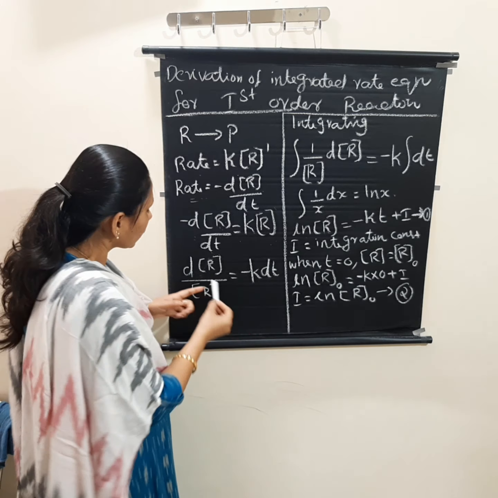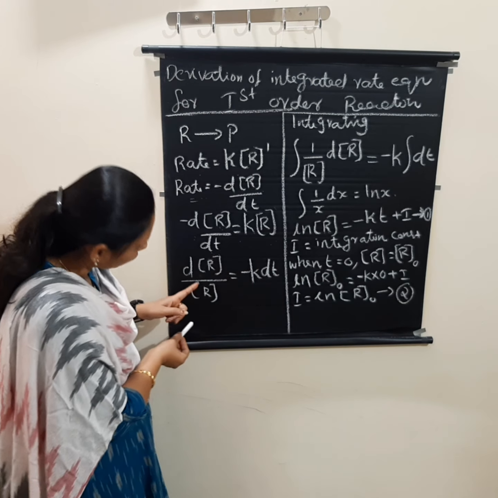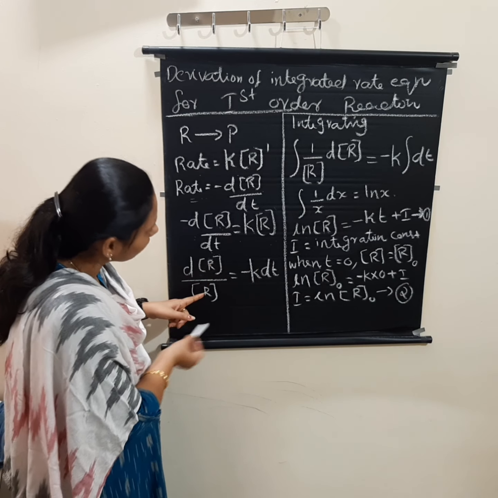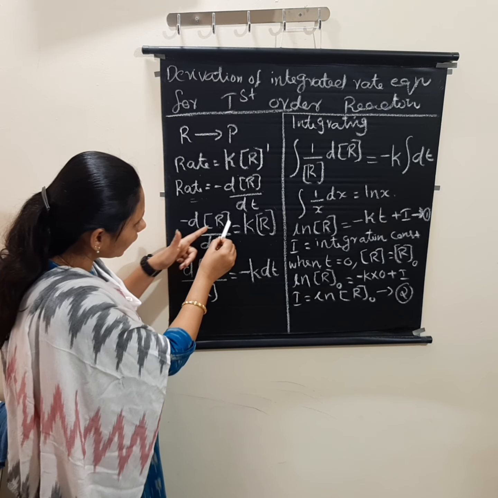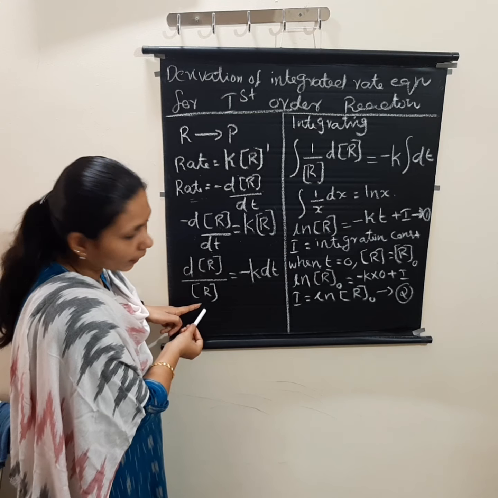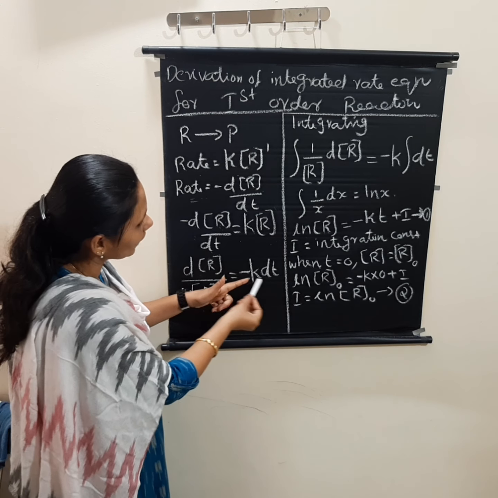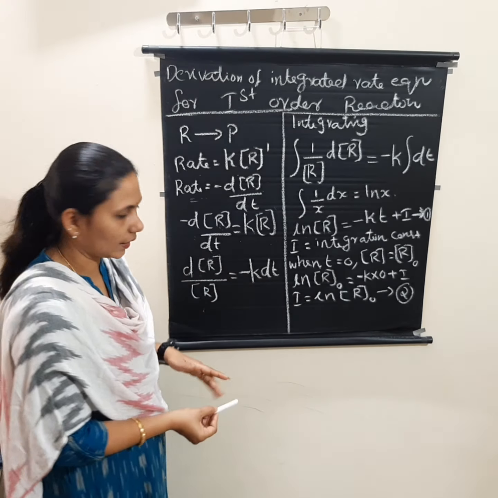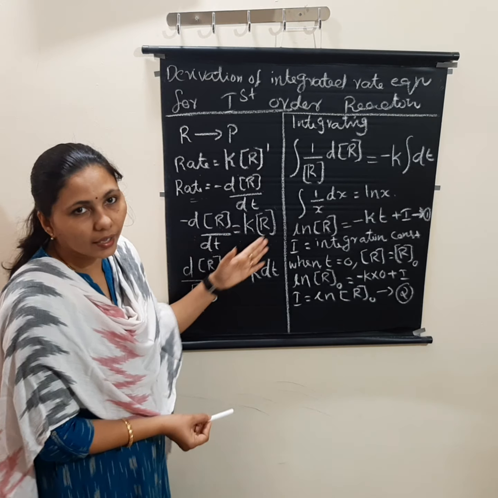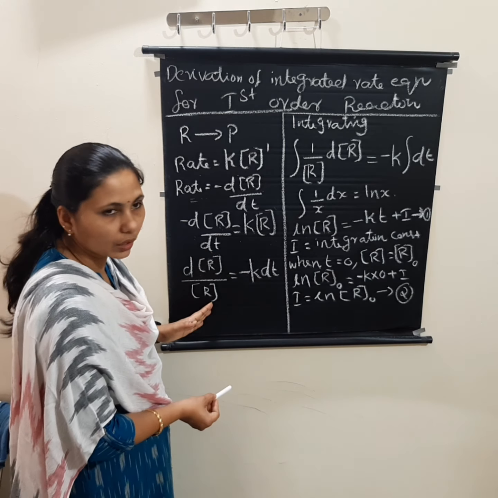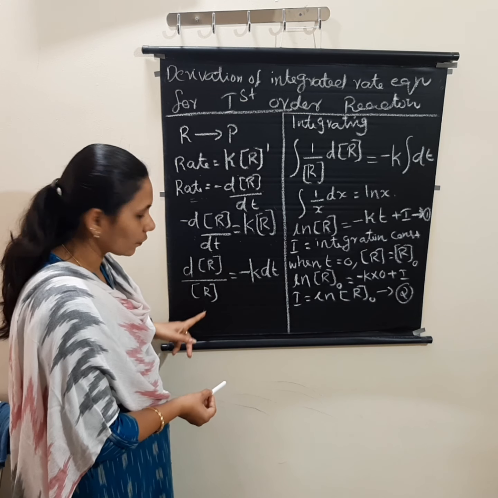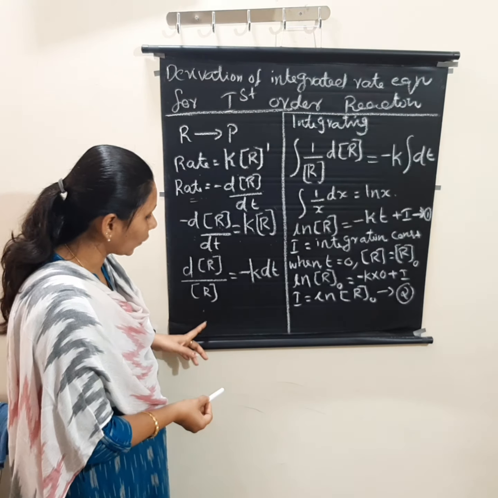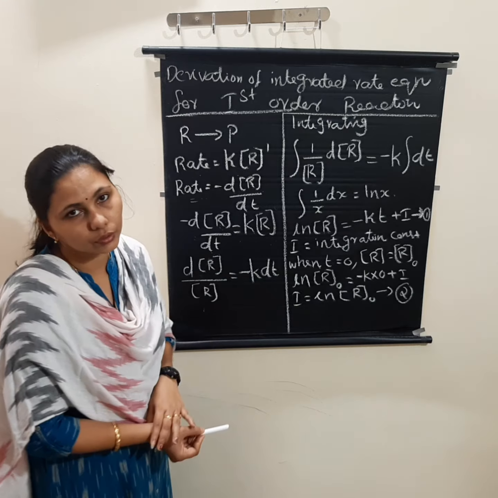Now we are just rearranging this equation, taking the [R] terms to one side and the others to the next side. So d[R]/[R] equal to minus K dt.